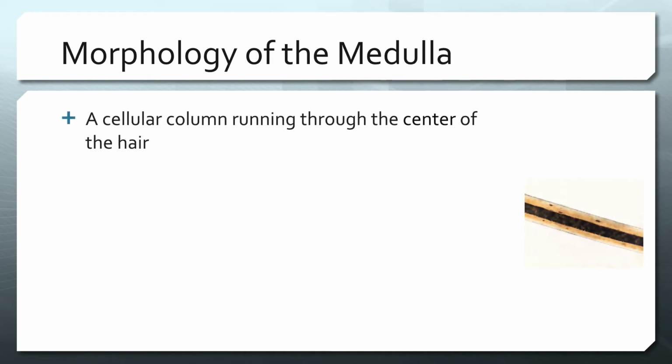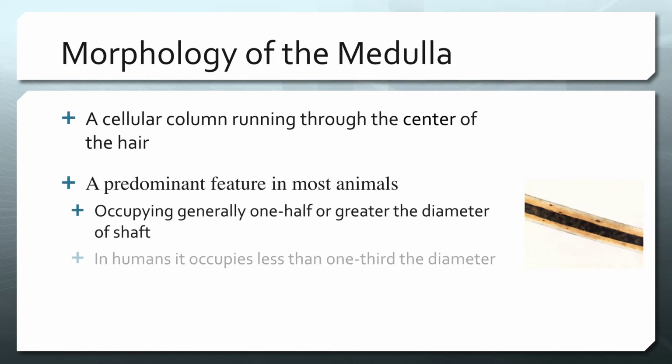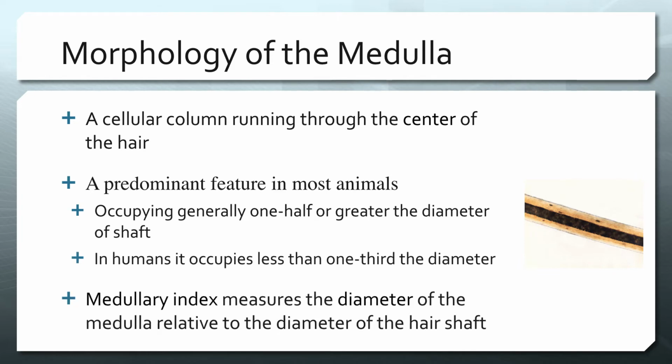The morphology of the medulla. This is the cellular column running through the center of the hair. It can look like a central canal running through the hair. It's a prominent feature in most animals. It occupies generally one half or greater of the diameter of the shaft of most animals. In humans, however, it occupies less than one third of the diameter.